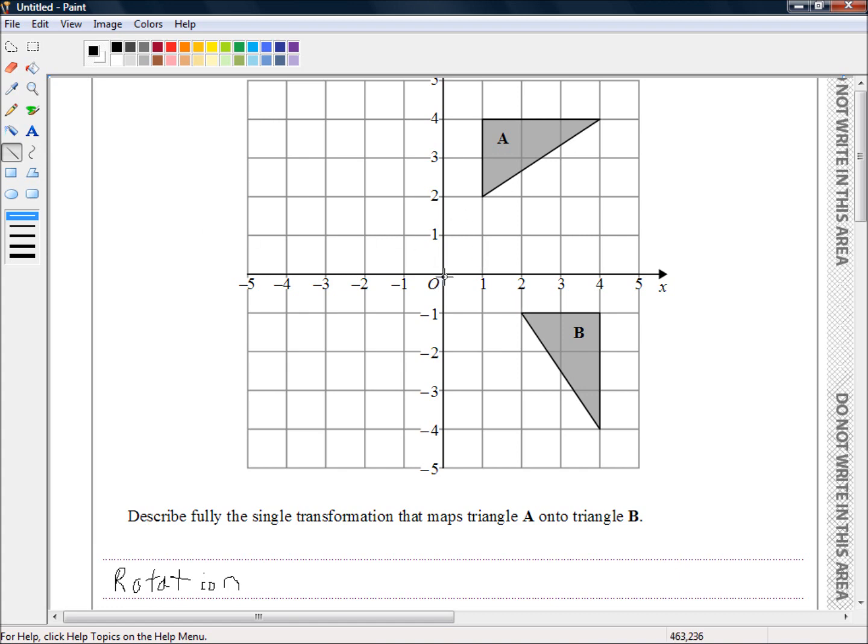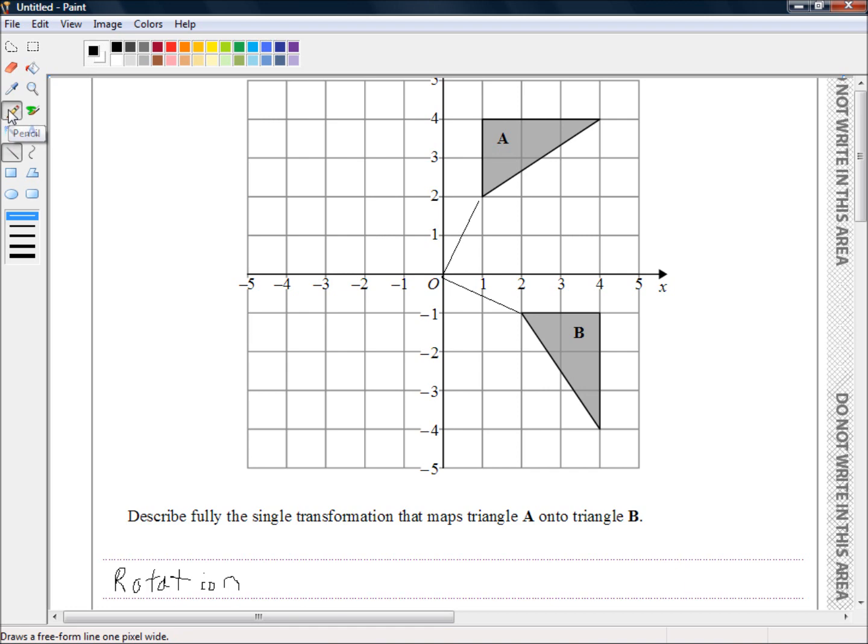So if we draw a straight line here, we can visually see, you could use a ruler if you want, that this goes across 2 and up 1 and down 1, and this goes up 2 and across 1. So this is the same distance from the origin. So the rotation is about the origin.